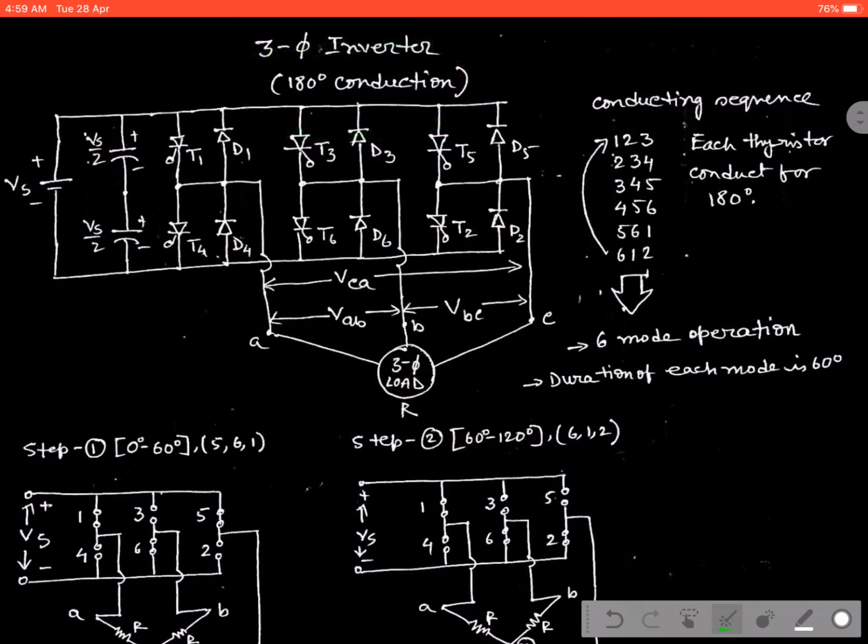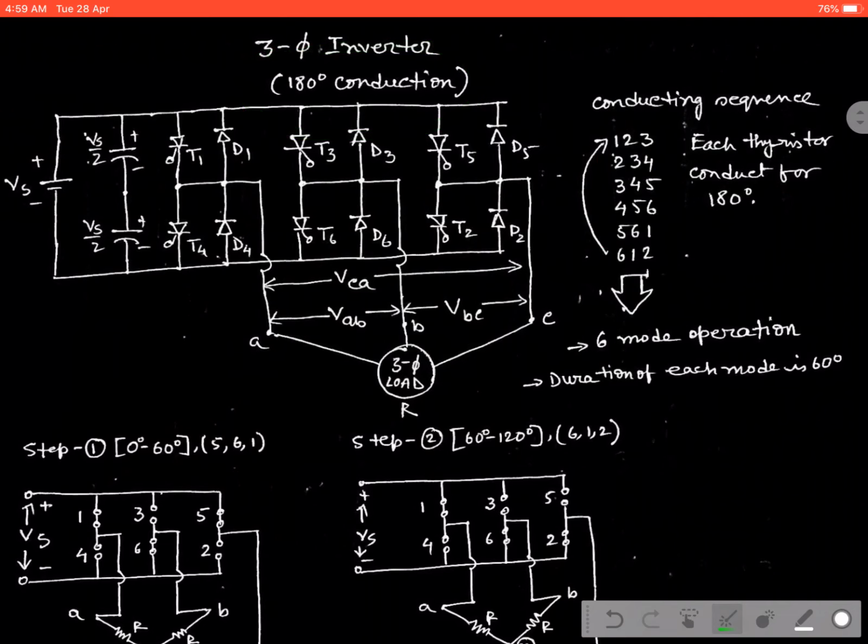Now see one thing: we can consider only 4 modes of operation, through which we can conclude what the behavior will be for the 5th and 6th modes and onward. So here we consider 4 modes, and the first mode is from 0 to 60 degrees, in which switches 5, 6, 1 become on.